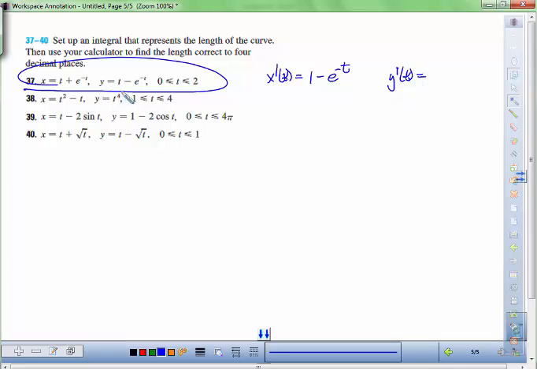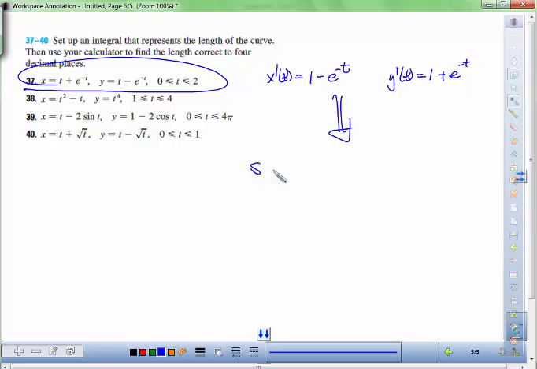Y prime of t is the same thing almost. It's 1 plus or minus e to the negative t times negative 1. So that becomes a plus. And they even give us our limits from 0 to 2.